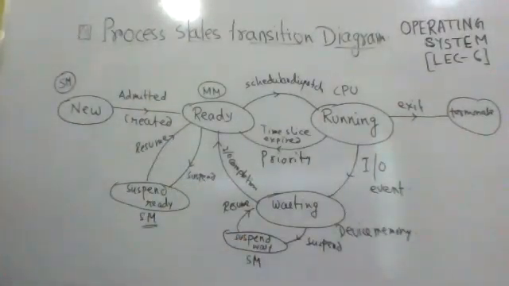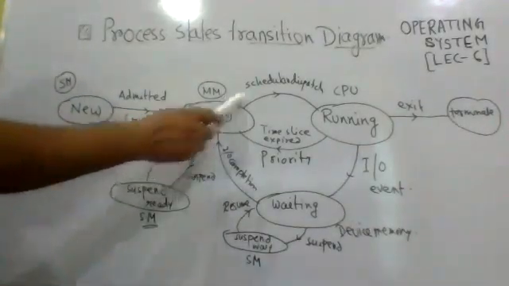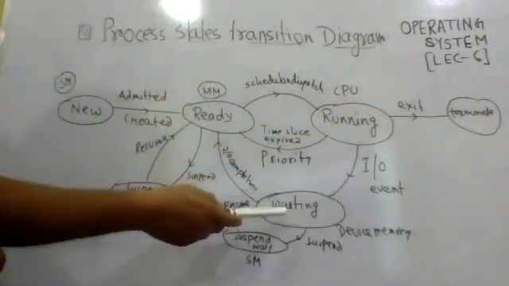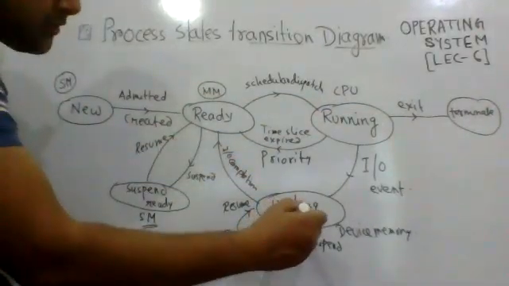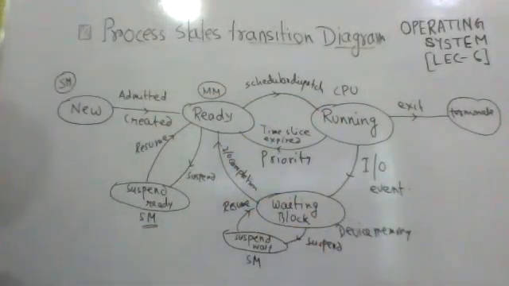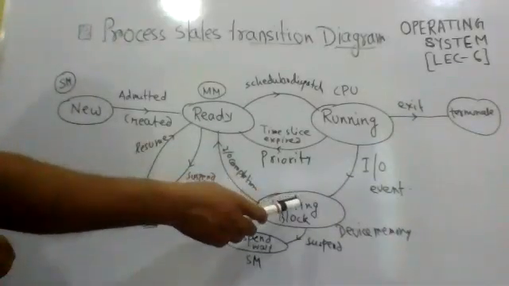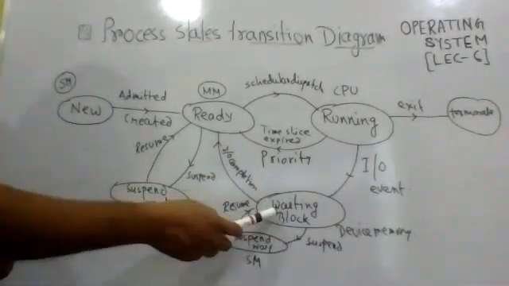So this is actually the process states transition diagram. We have the new state, then ready, then running, then terminate, and another state, waiting, which is sometimes called the block state. And we have suspend wait, from the waiting state to another state, and from this state back to the waiting state.